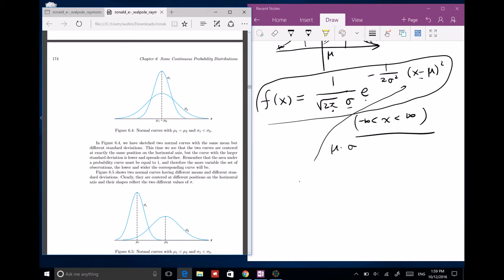Sigma 1 is less than sigma 2. For sigma 1, the majority of values gather together at the mean, with very few extreme values. For sigma 2, you can see a lot of extreme values on both sides.